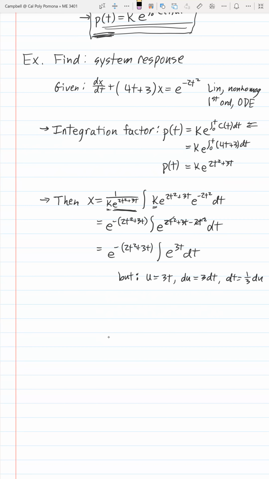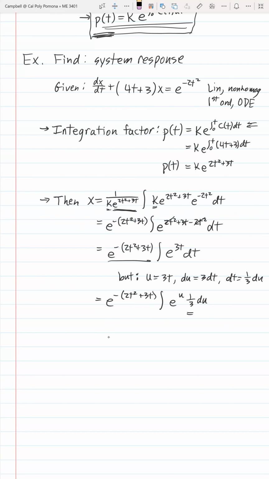So now substituting all that in, we simply get that this is equal to, I'm not going to do the u's out in front here though, because I'll back substitute in for the t's. So we just keep this leading function of t here, and then we get an integral of e to the u times 1/3 du. So that's how we can see the 1/3 comes out. It just makes it a little bit easier to see that.